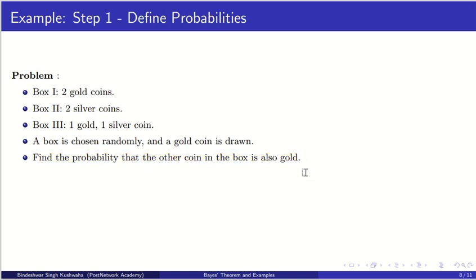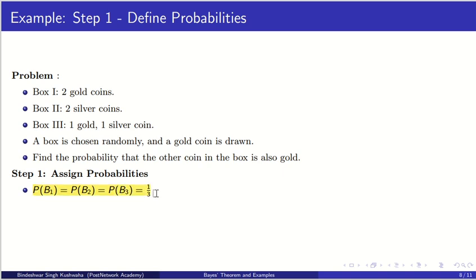So let us see that. Step 1, assign probabilities. There are 3 boxes, so selecting one box, the probability would be 1 upon 3. And the probability of gold coin in B1 is 1, in B2 it is 0, and in B3 it is half.